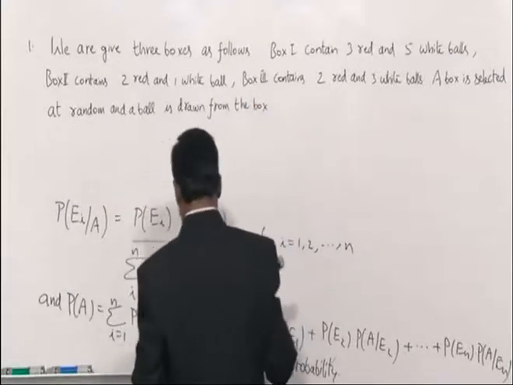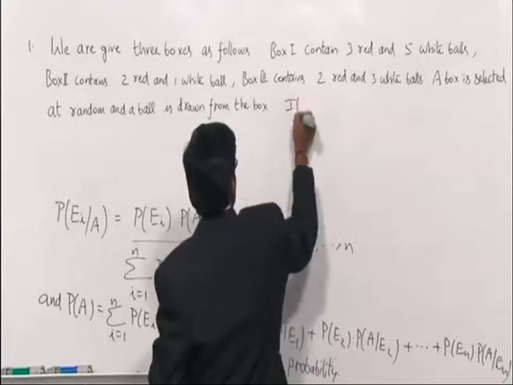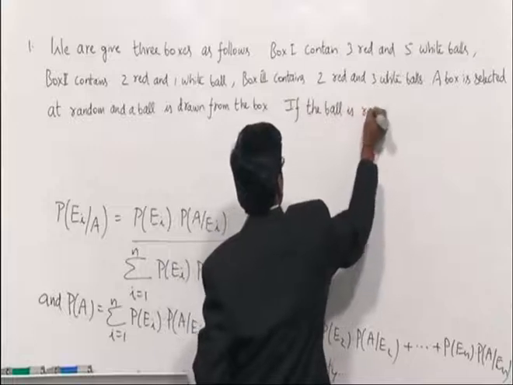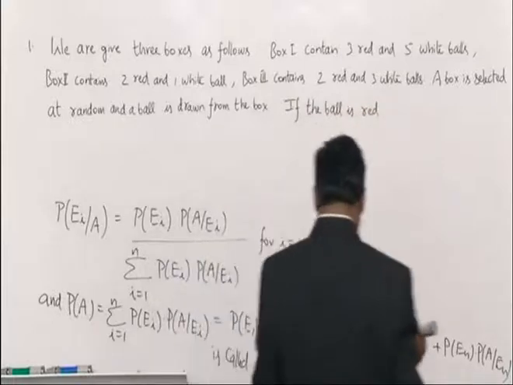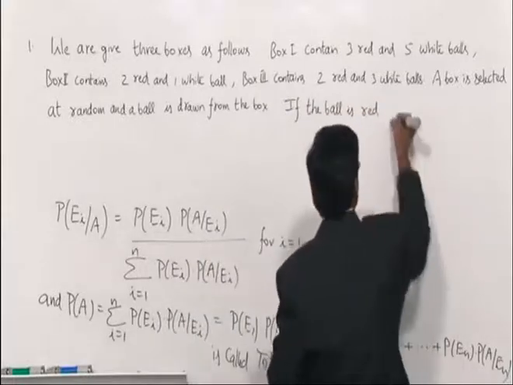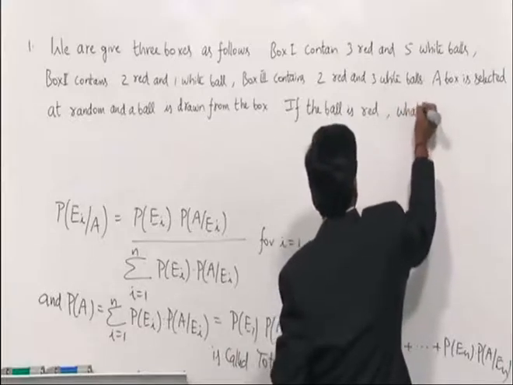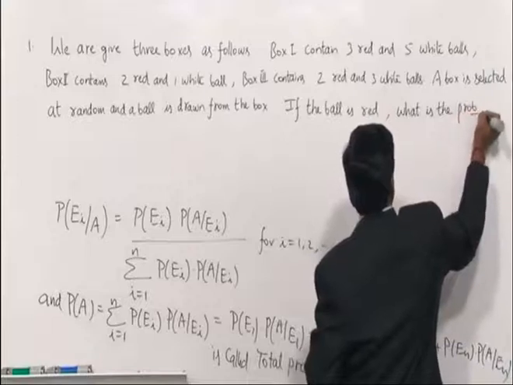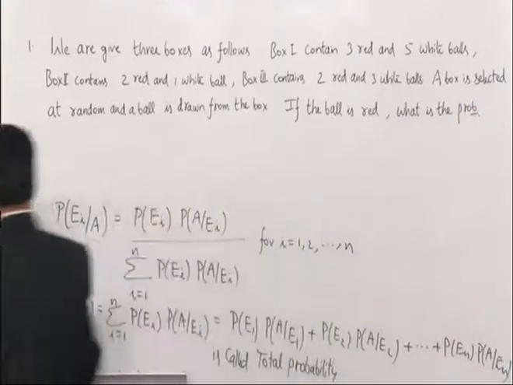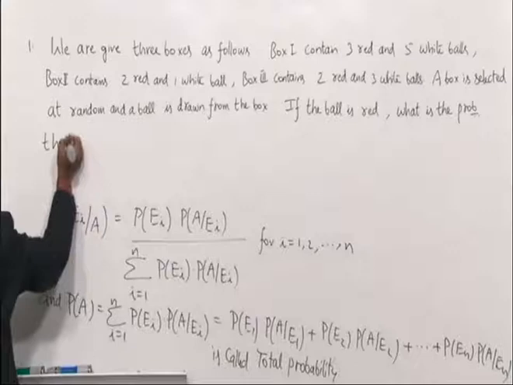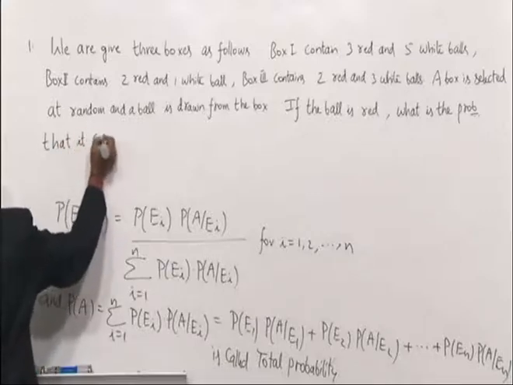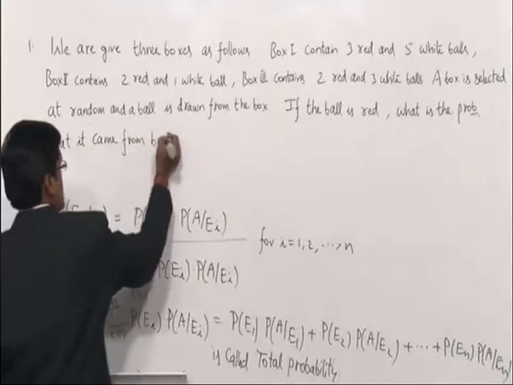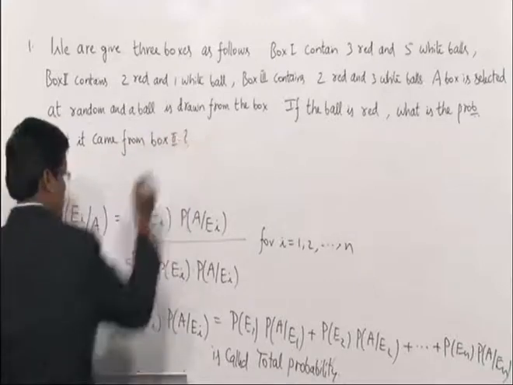If the ball is red, what is the probability that it came from box 2?